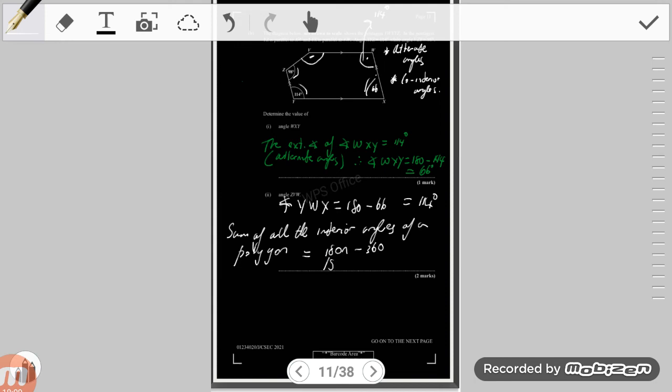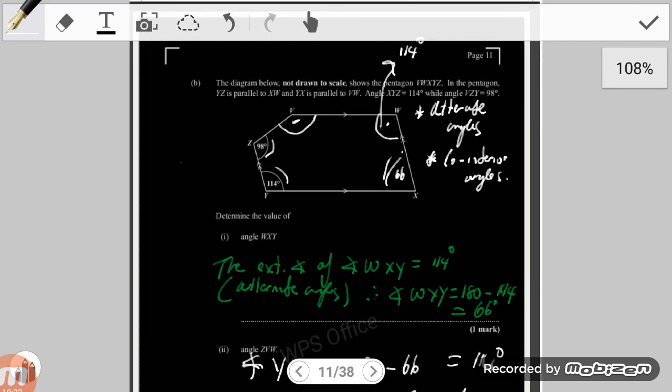So that's 180 multiplied by 5 minus 360 degrees. If we go on our calculator and press 180 multiplied by 5, that gives us 900 minus 360 degrees. That is equal to 540 degrees. So all the angles in this pentagon measure 540 degrees.